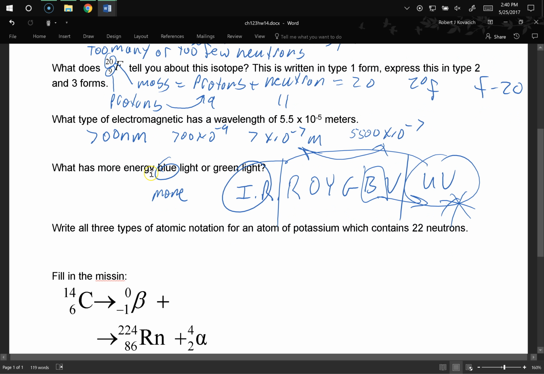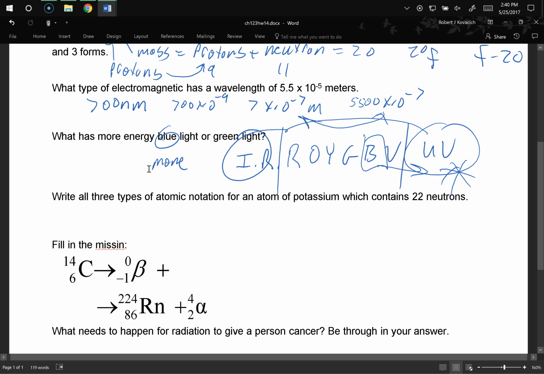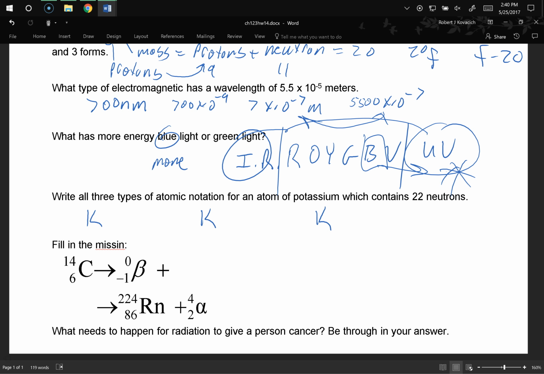Write all 3 types of information about the 22 neutron potassium. So I got a K, I got a K, I got a K. And so what do I put right here? 19? What do I put right here?